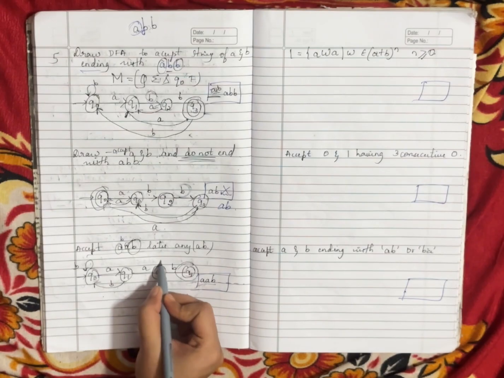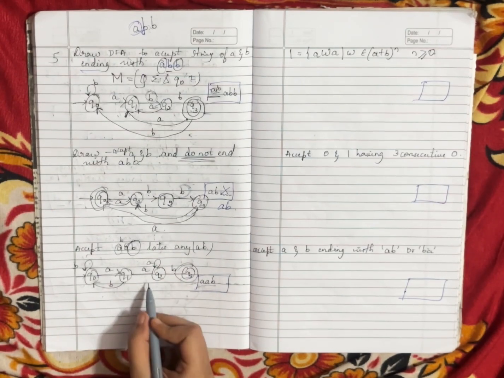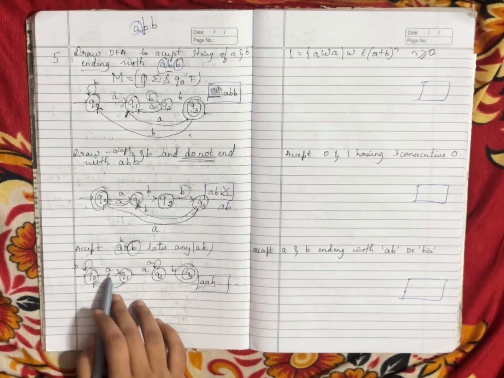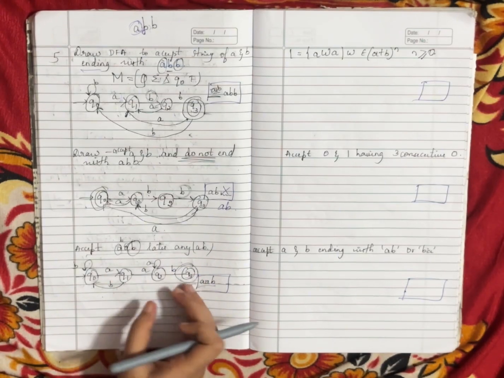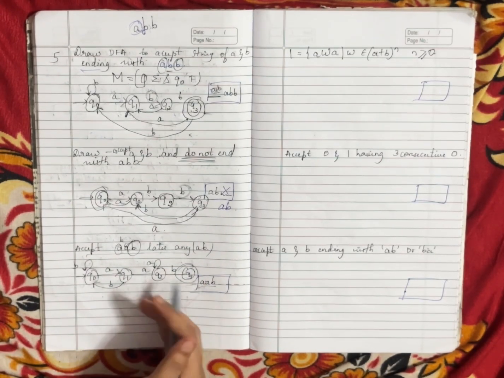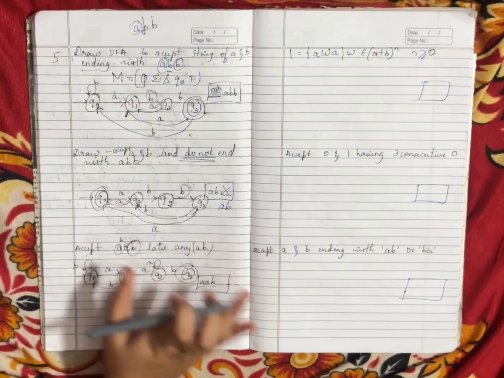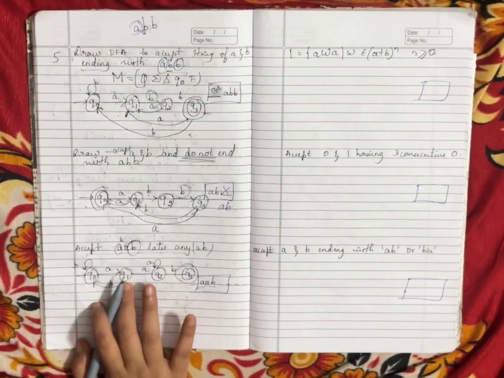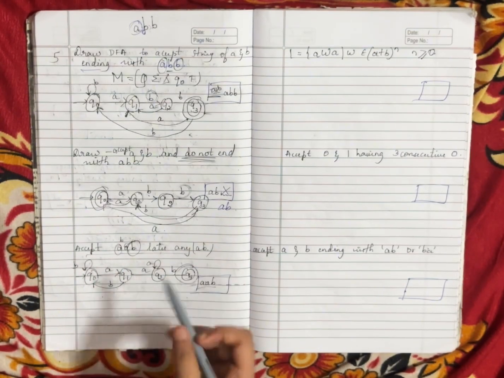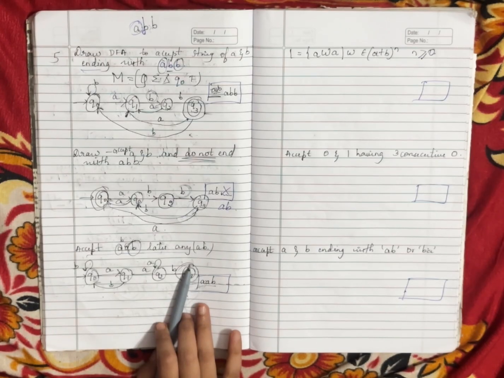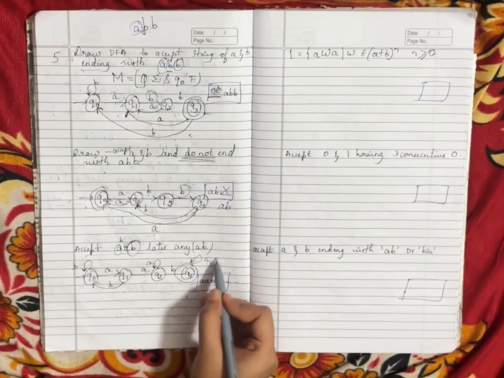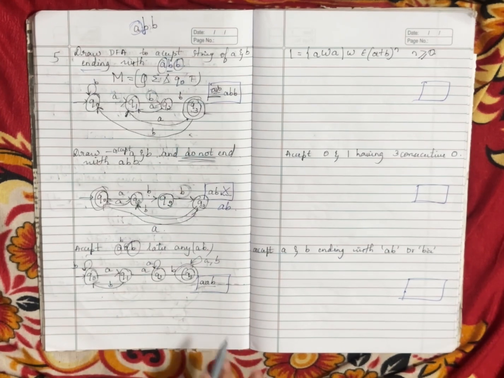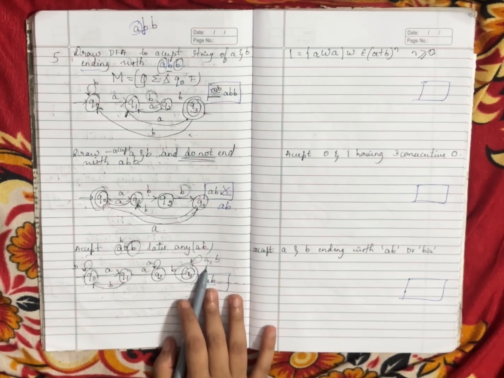So we will just write this self-loop, because before this AAB, it can have B. If B comes, we will accept it. I know if you're not getting, just reverse it and watch it. Rather than after seeing the question, try it once by yourself, later watch the video content. Then after AAB, it can accept any number of A and B. That is how we write this kind of questions.